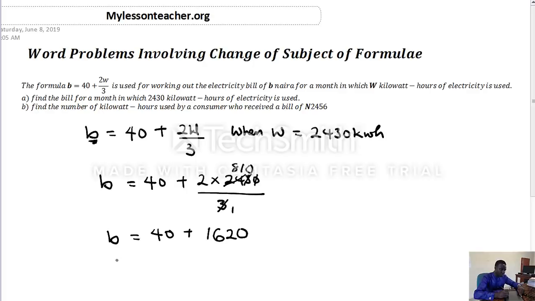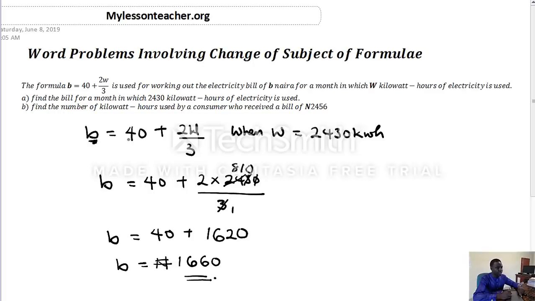So that our B, which is in naira, is equal to 1,620 plus 40, that will be 1,660 naira.